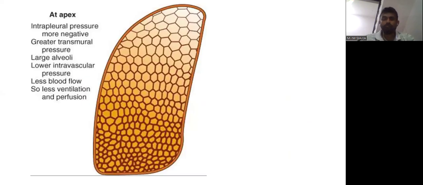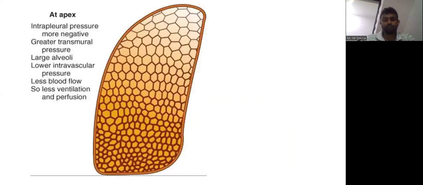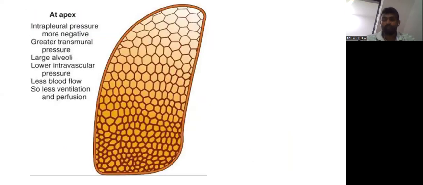So because of the more negative intrapleural pressure, there is increased transpulmonary pressure. So at the apex, the alveoli are more expanded compared to the base.